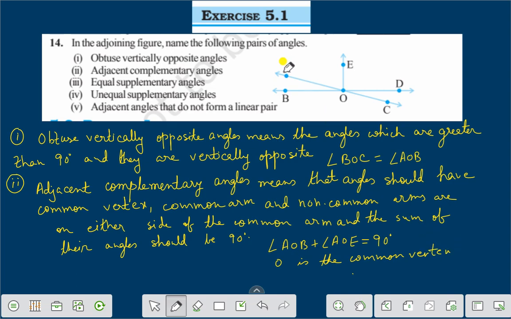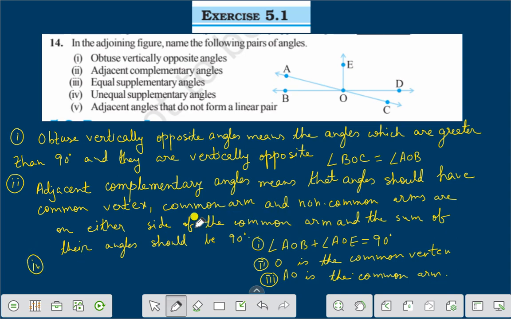And here you see that AO is the common arm, right. This is condition 1. This is condition 2. This is condition 3. And this is condition 4.